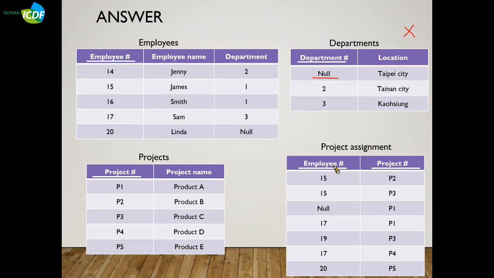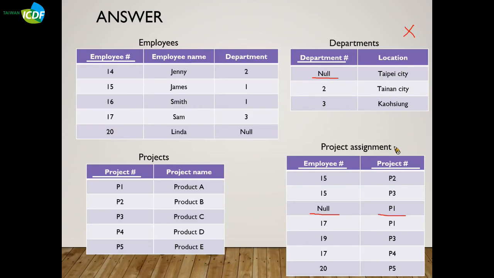Its primary key consists of employee number and project number, and here part of the primary key is null, which also means this tuple has a null primary key, so it violates the entity integrity rule.